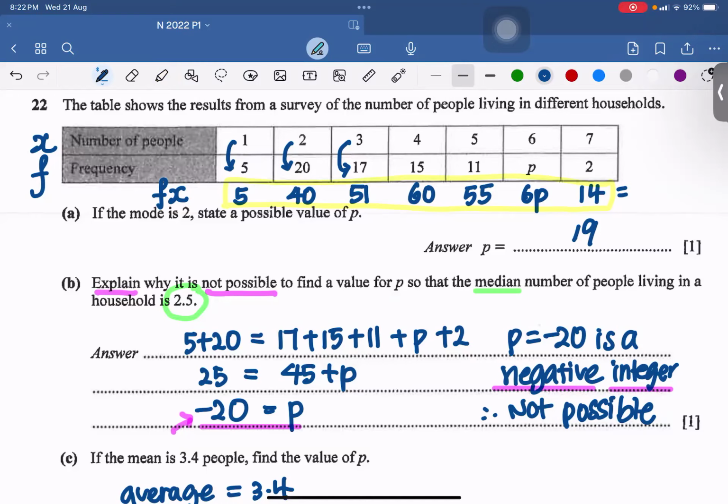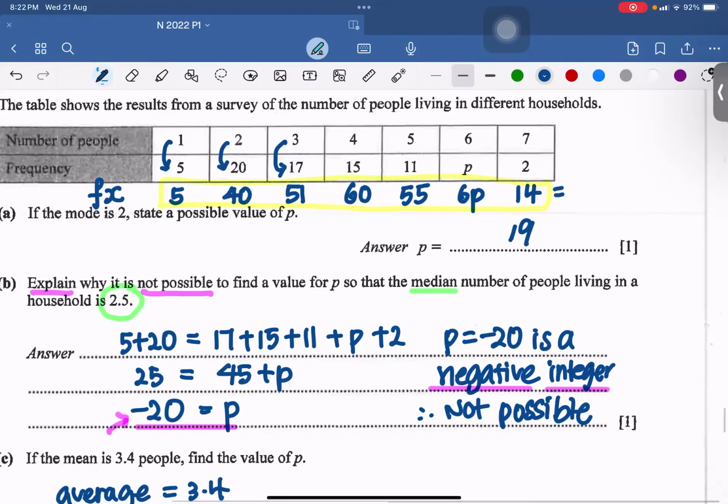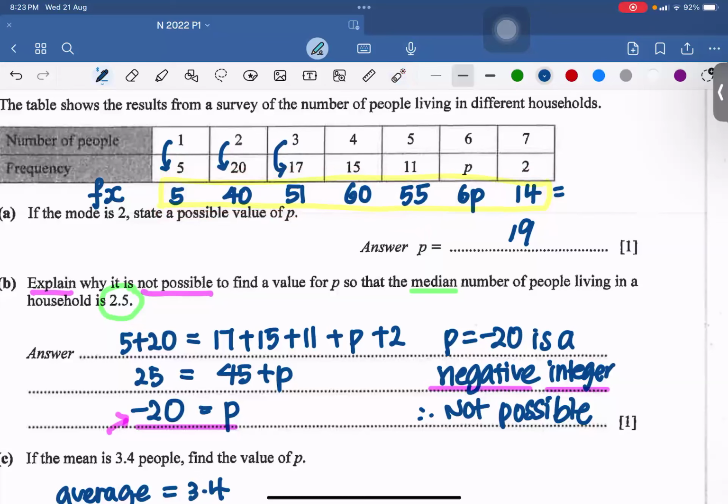I cannot write plus 6p into my calculator, right? I'm going to leave it first. Plus 14. I have all the numbers over here, and I add up, the number is 225 plus this term, algebra 6p.